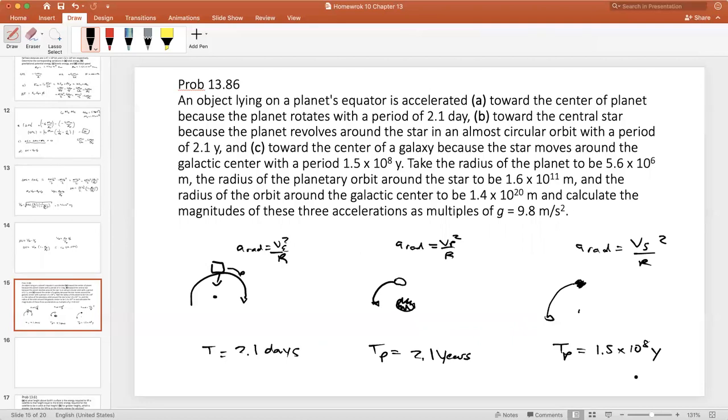And then it gives you the radiuses of each orbit, and it asks you to calculate the magnitude of the acceleration for each of these, and then divide that by g. So let's see that for 2 of them. I'll let you do the last one.